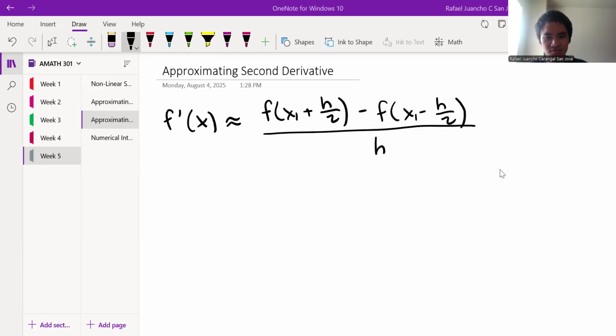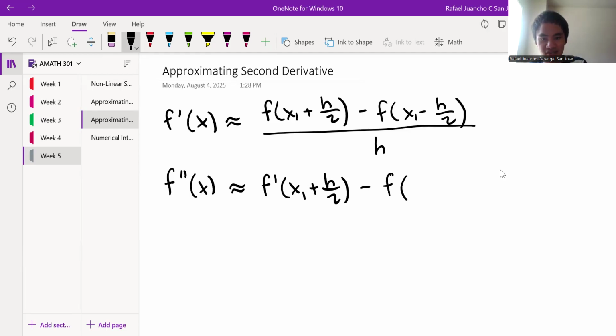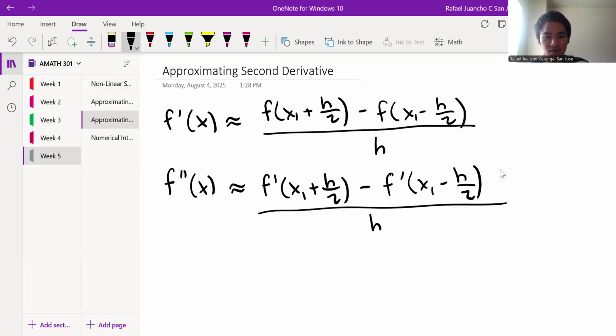So if I do the second derivative, here I'm doing implicit differentiation, so I'm also taking the derivative of both the left and right hand side, right? So let me just do this over h. And then from there, I do a quotient rule.